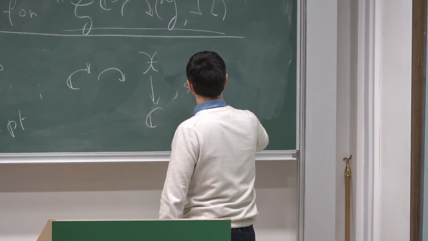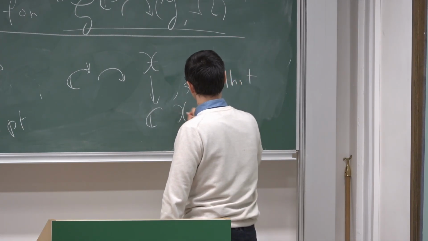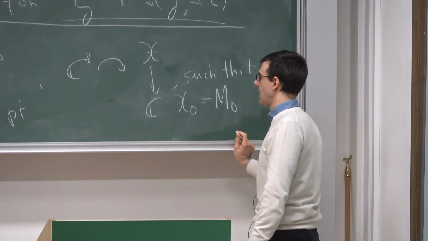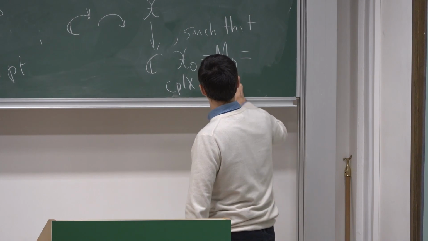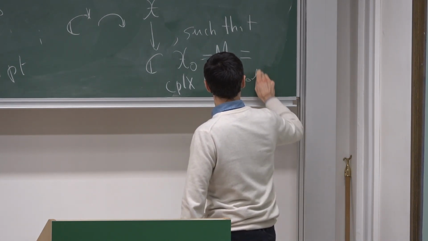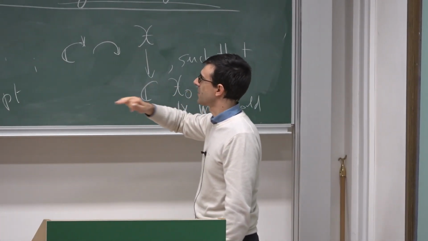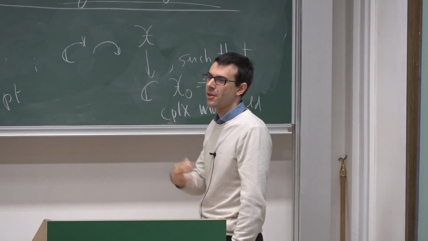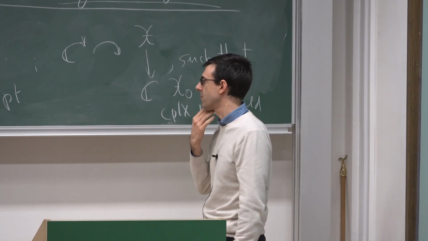Maybe such that the central fiber X naught is in fact M naught, yet another compact complex manifold. So this is some kind of dream case in which the 1PS actually stays inside the space J, and the limit point is some other complex structure, possibly different, on the same underlying C-infinity manifold.